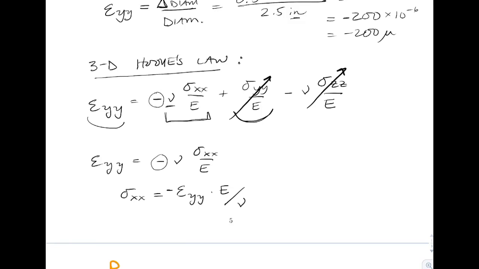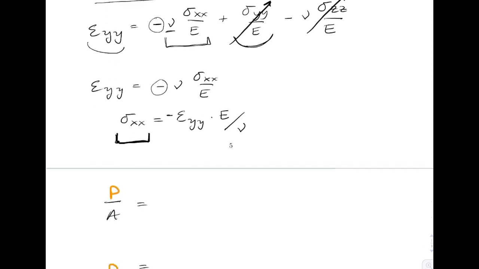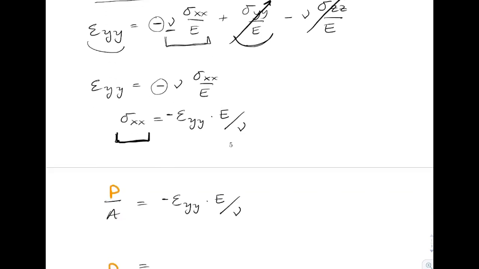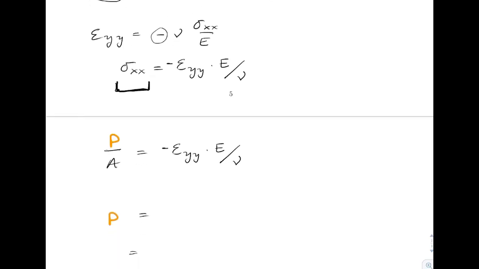Negative epsilon YY times E divided by Poisson's ratio. So we're pretty close to home here. We've got an expression above for sigma XX, which is just P over A. So we just continue to expose, and if I want to solve for P, the internal axial force, I just need to bring A to the other side. So at this point, all we need to do is plug in our values.